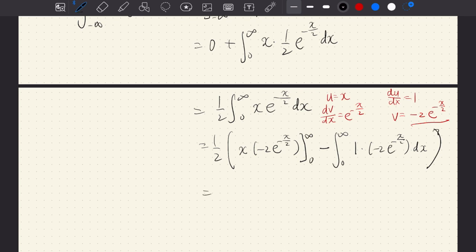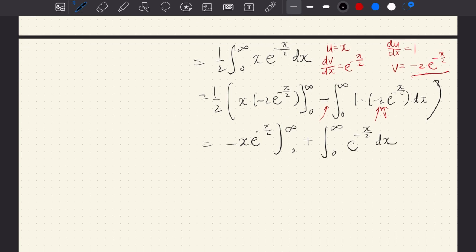For the first term, this is negative x e^(-x/2), since I'm multiplying the 1/2 into the parentheses. For the second term, you have plus, because there is a negative sign in front and a negative sign in v. Multiplying the 1/2 into the integrand, the 2 cancels out, so you get the integral of e^(-x/2) dx.